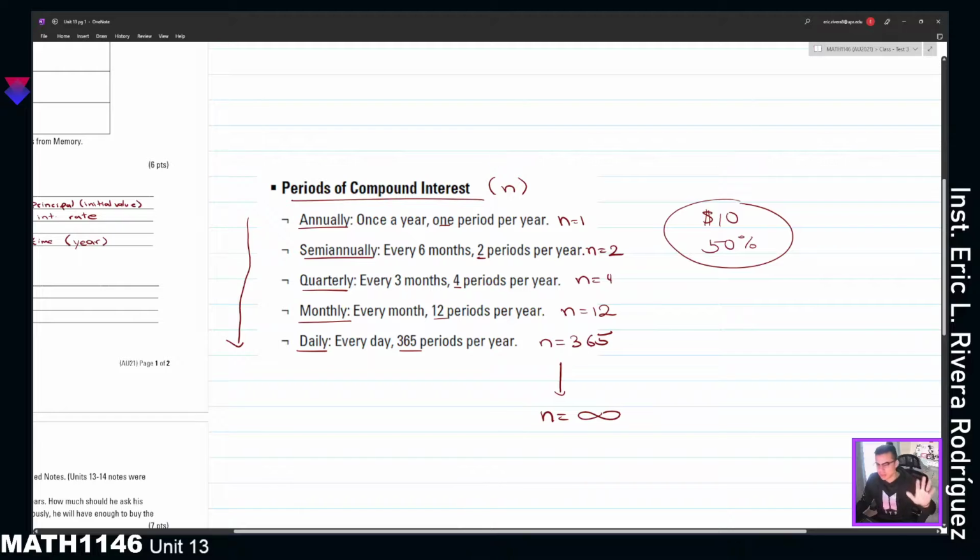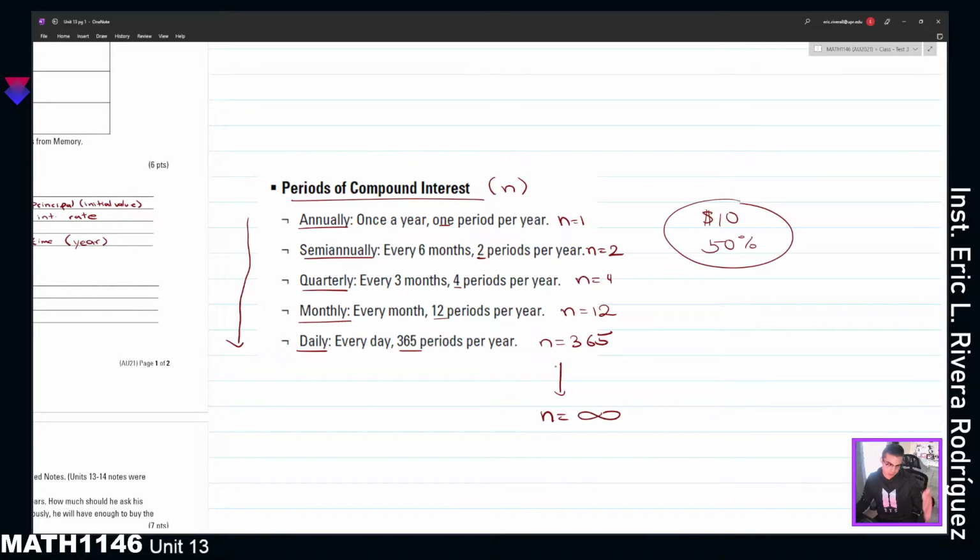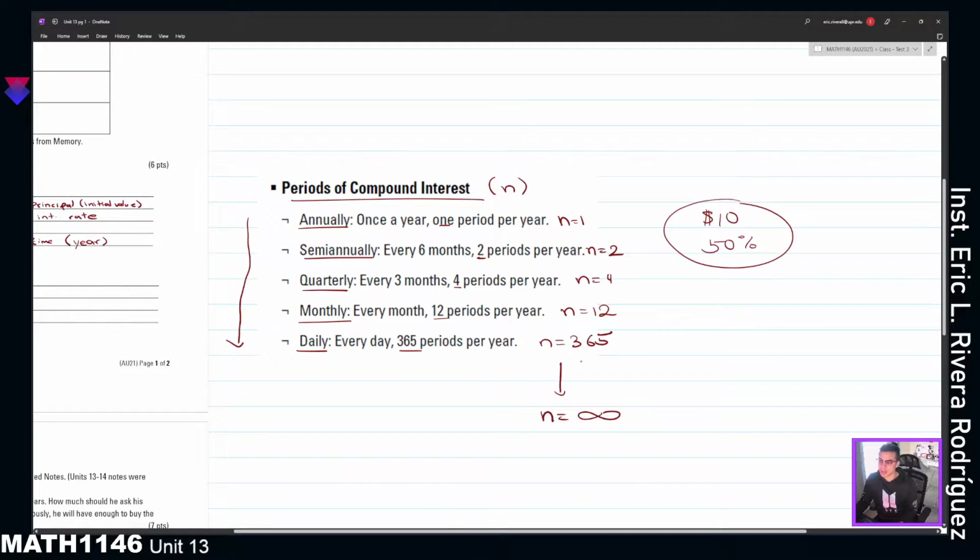It doesn't make too much sense, because the way we measure time is by milliseconds, seconds, minutes, hours, days, and so on. So it doesn't make sense to say, I'm going to calculate your interest every second, every 2 seconds.